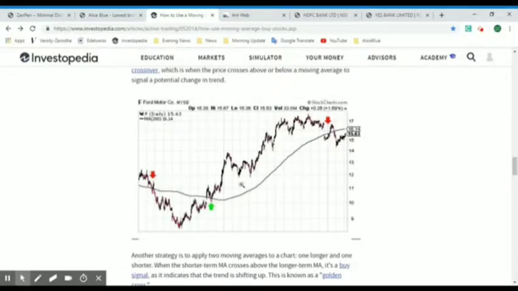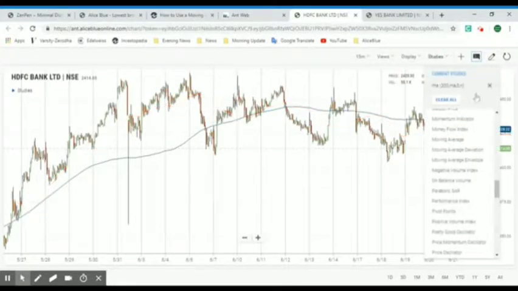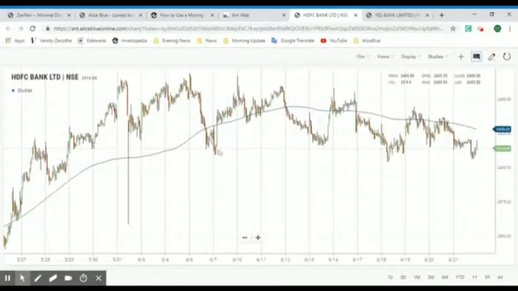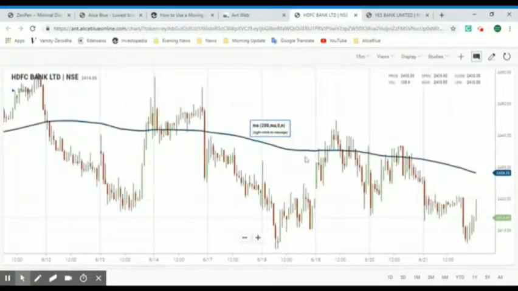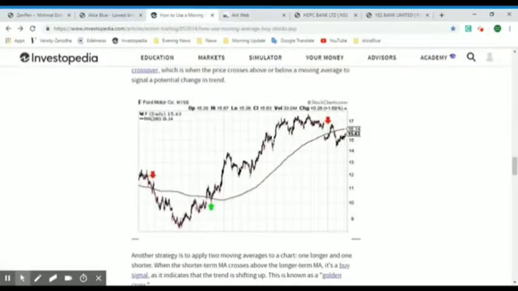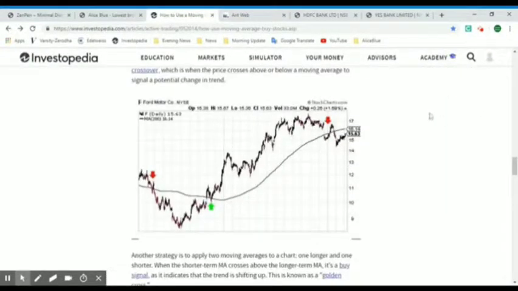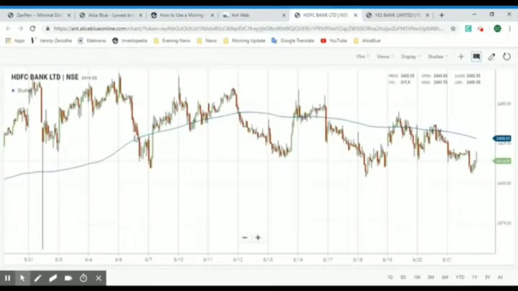So let's apply this to the chart. Let's remove the 50-day moving average, and this is just the 200-day chart. So when it crosses above, this is the buy signal, and this is the sell signal.